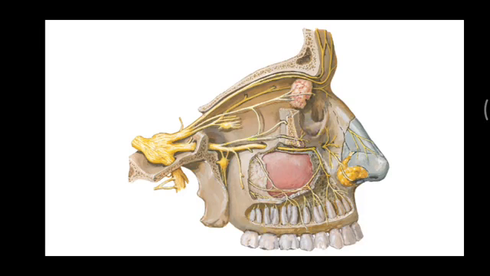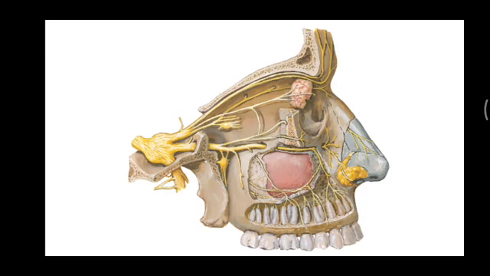So the zygomaticofacial nerve appears in the face through a foramen in the zygomatic bone and supplies the skin on the prominence of the cheek, while the zygomaticotemporal nerve passes along the inferolateral wall of the orbit and appears in the temporal region through a foramen in the zygomatic bone, which is shown over here.